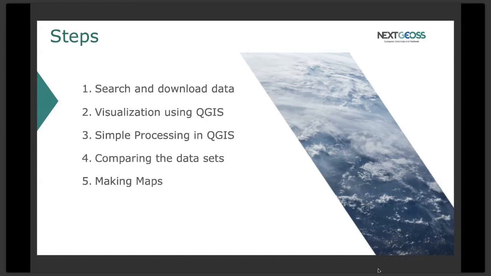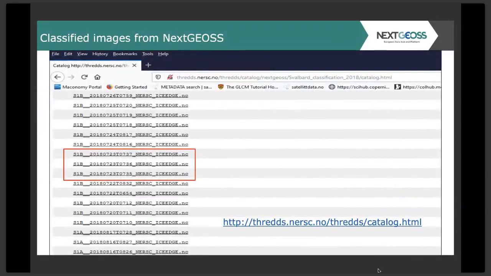For NextGEOSS, here we use the thread, which is already offered by Nansen Center. In the red box, you see the 3 images. For people who are familiar with Sentinel, that's Sentinel-1B. Sentinel-1 is used, it is the SAR, the synthetic aperture radar. It uses microwaves from the C-band.